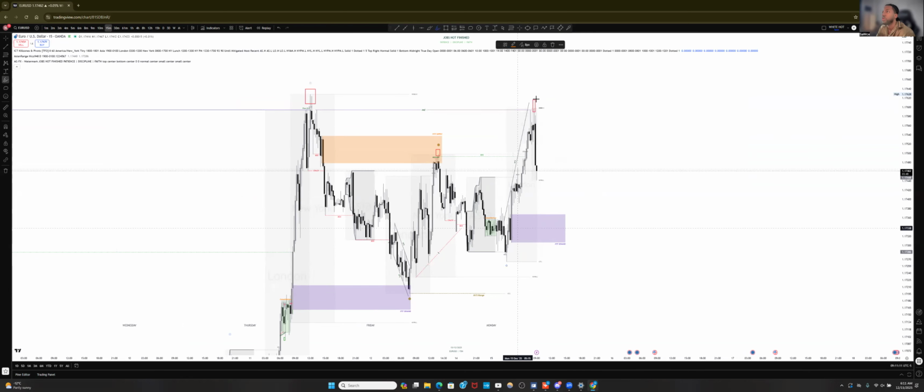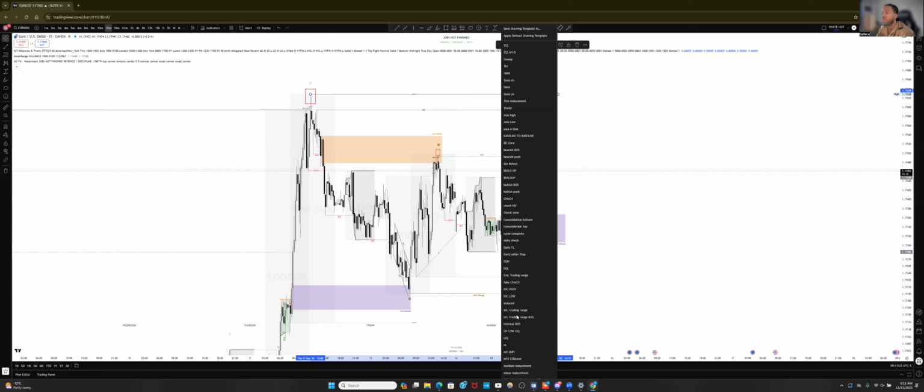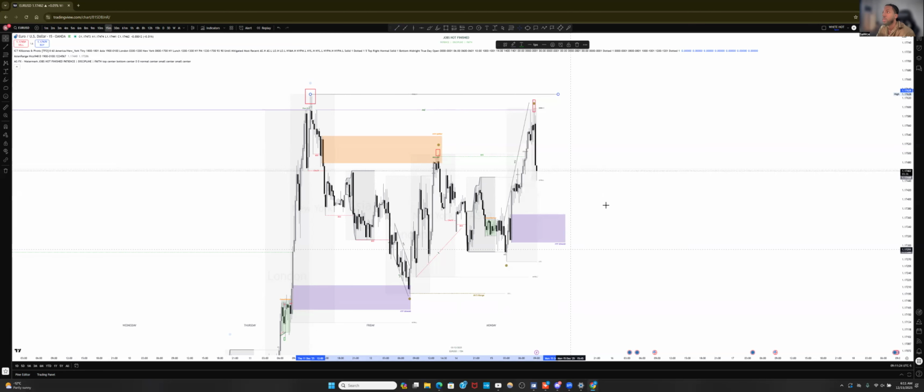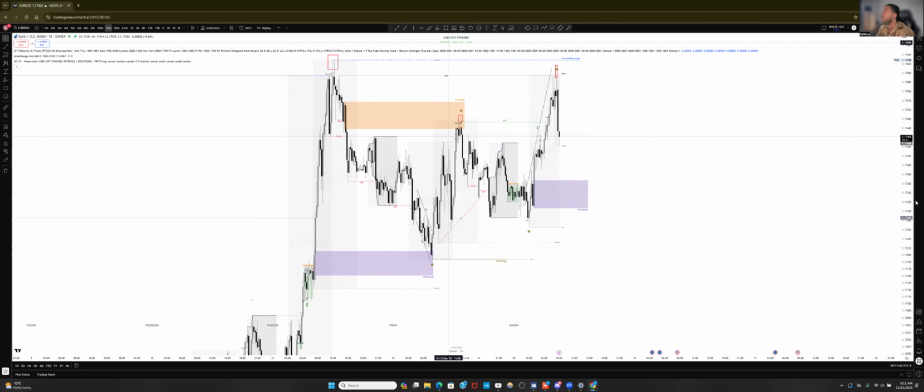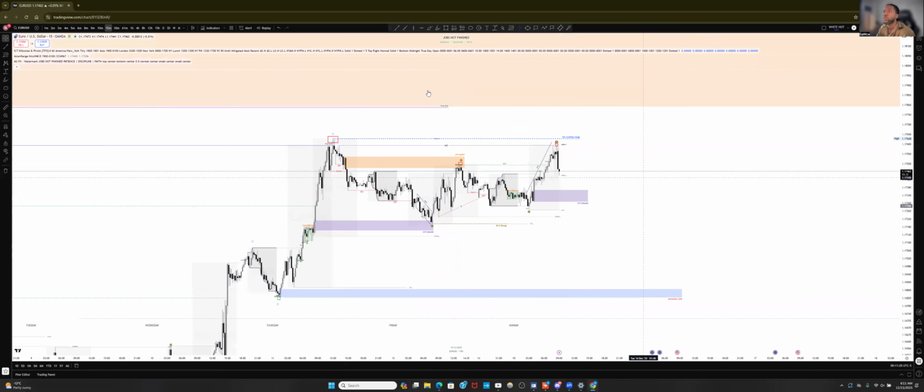This overall low created this overall high that is still within this trading range here. We have not broken this internal trading range that we're trading in between, which is this low, this overall high, and this overall low here.